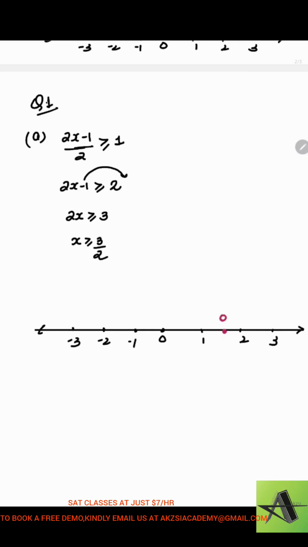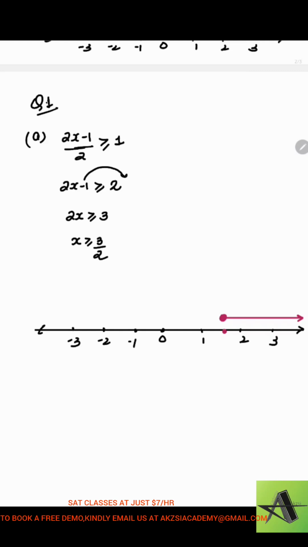So drawing this, it will be a circle and this will be a filled circle as we are including 1.5, and all the values greater than 1.5. So this is going to be the range.